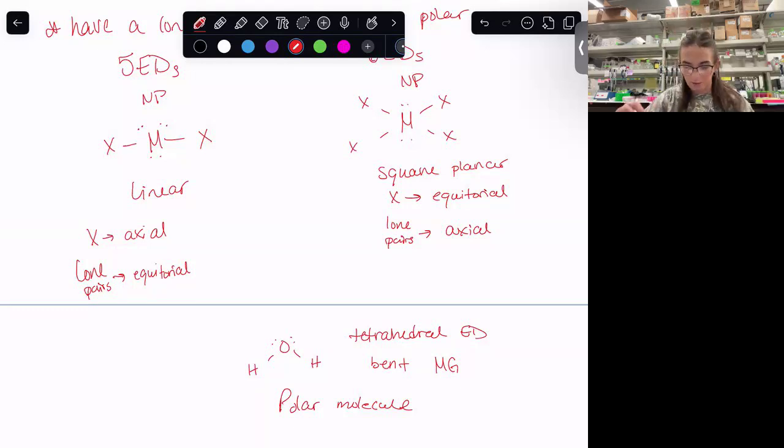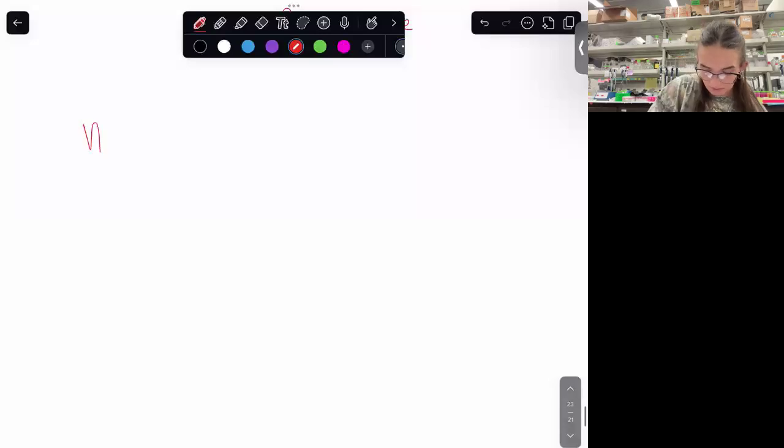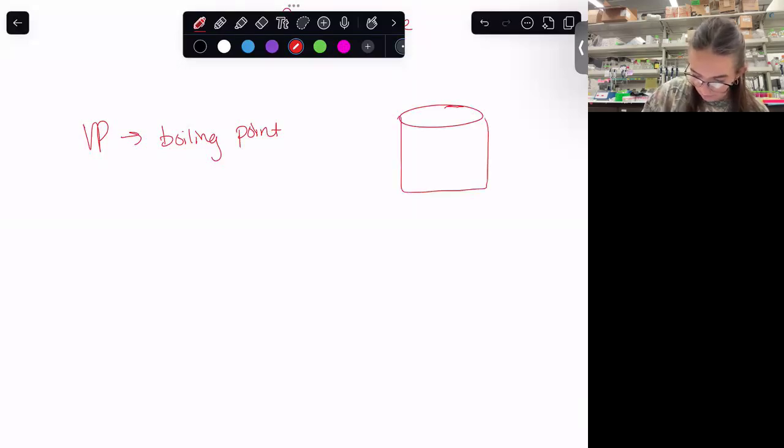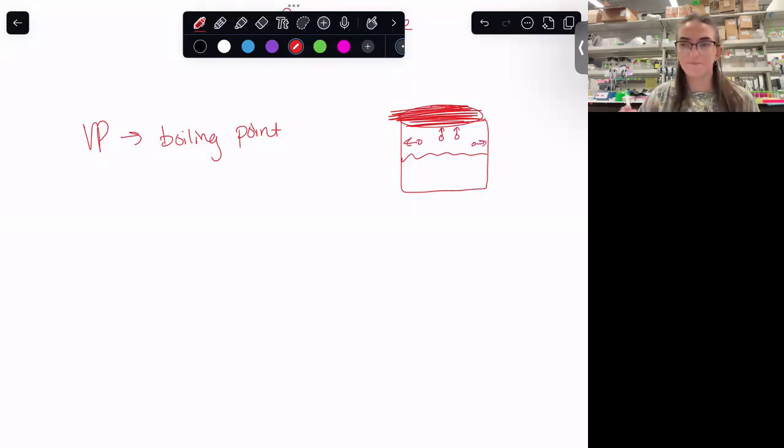Okay, so then we look at vapor pressure. This is looking at boiling point. Vapor pressure is if you have a cup, say, with water, and this is lidded. The vapor pressure is the pressure the gas molecules are making on the container above the water.